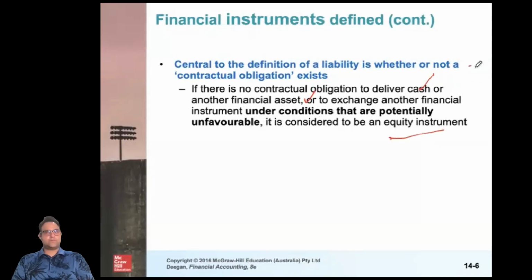So another definition for the equity instrument is that when we do not pay with our liability, we pay with our equity instrument. That's another way to go around the definition by IASB 132: you have to pay via equity rather than via your assets if you have an unfavorable condition where you need to pay.